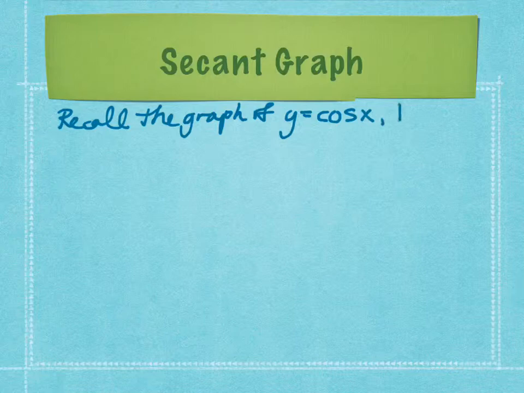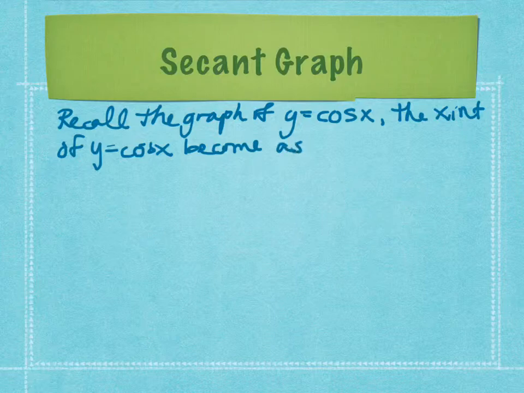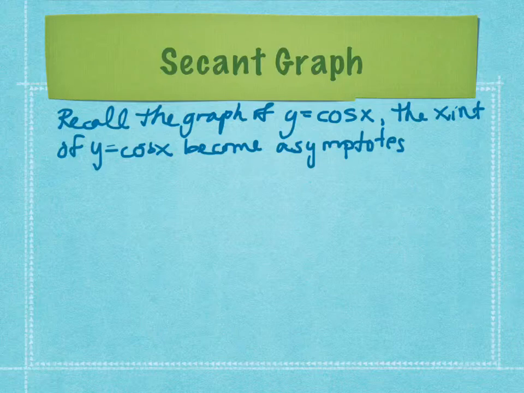And then the x-intercepts of y equals cosine x become asymptotes of y equals secant x.